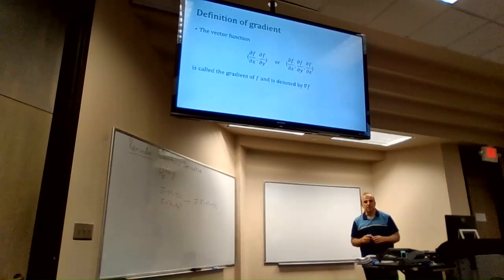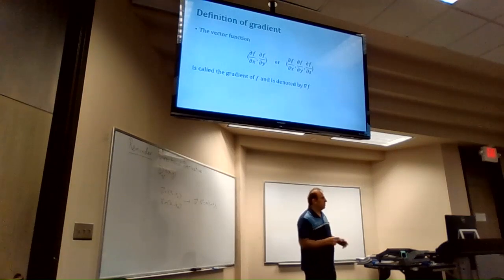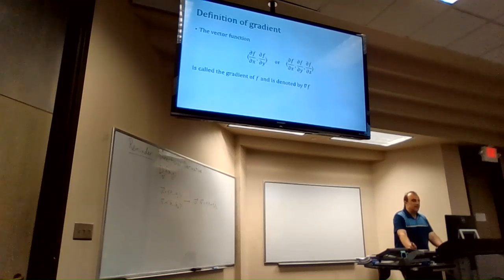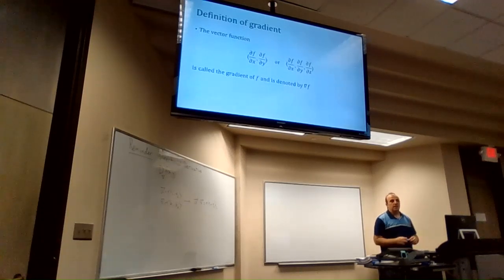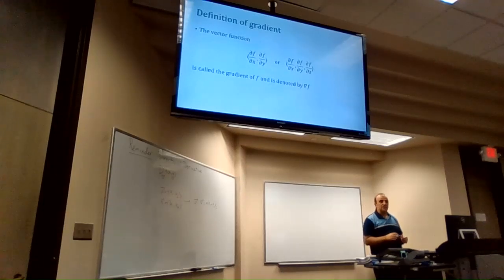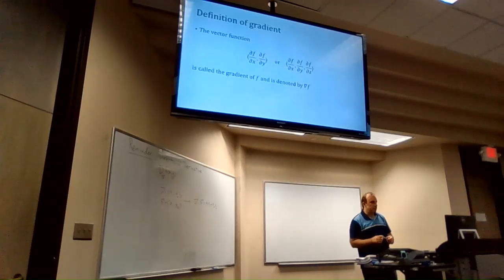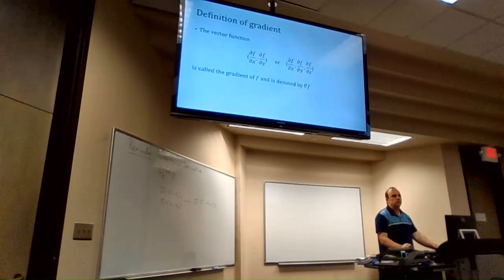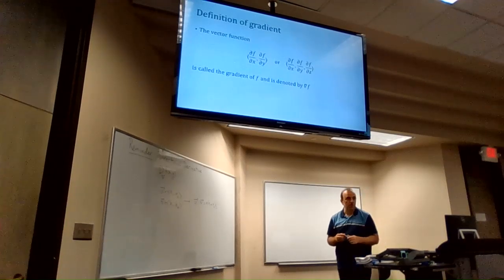Again, for simplicity, I have not written x, y, or in the case of three variables, x, y, z. So the vector of partial of f with respect to x and partial of f with respect to y at a given point is the gradient of the function at that point. You just put the partials in order to get a vector. Right, we get a sort of vector function.